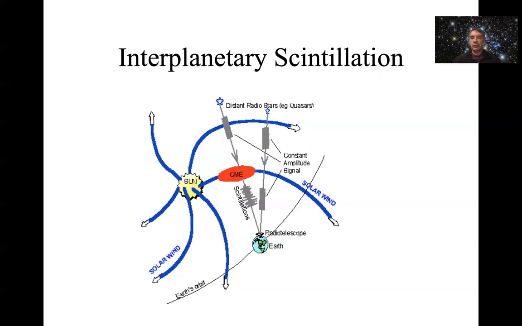This was tracked down to being clouds of denser plasma in our own solar system.